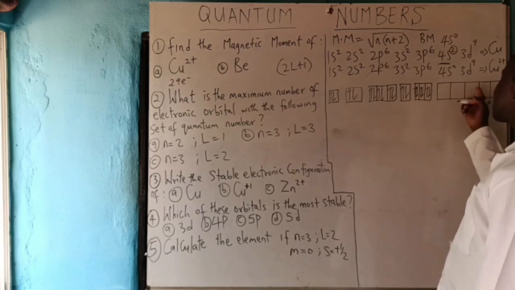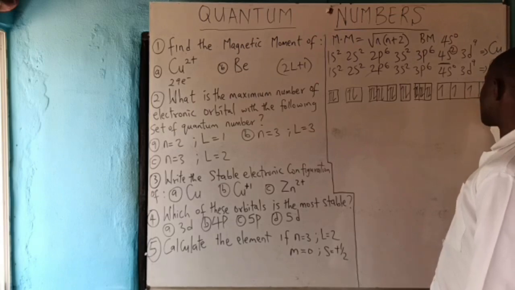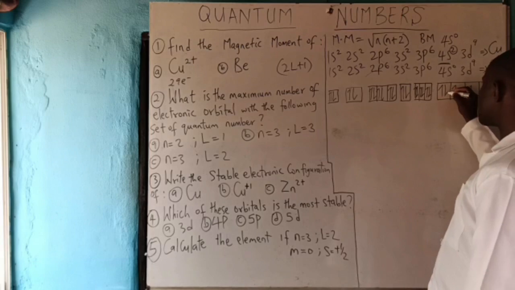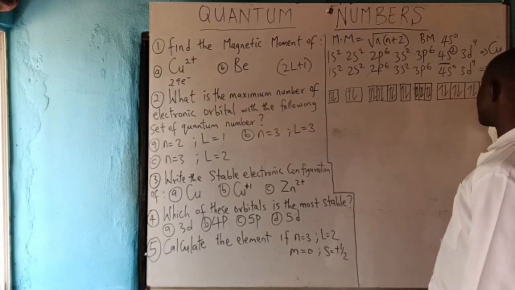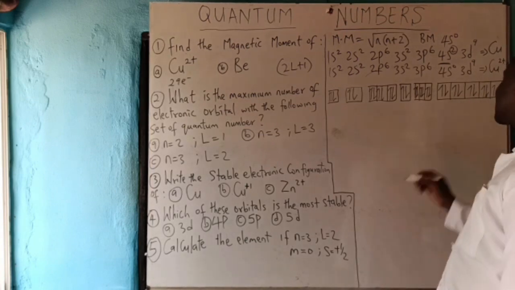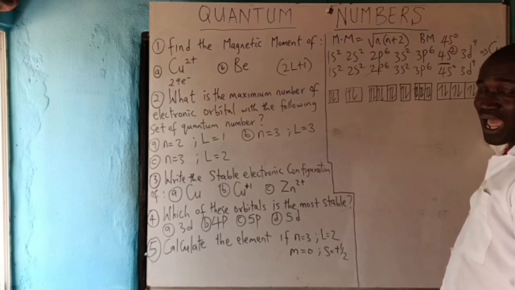Now come to this 3d9. It will enter singly first because it is not up to 10. It will enter singly, then before what? Pairing. 2, 4, 6, 7, 8, 9. So you now see that it has only one unpaired electron. Are you getting it?